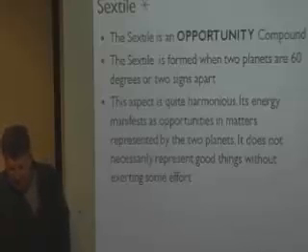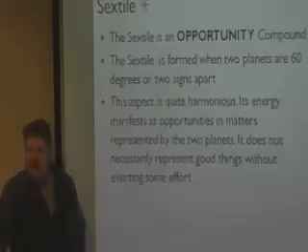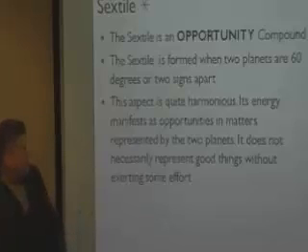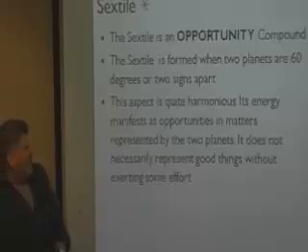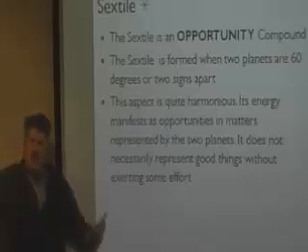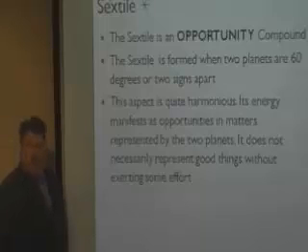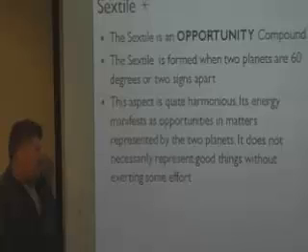But it is, well, we'll call it mid-range. We'll say it's moderately powerful. And what it does, it brings the energies of any two planets together into a harmonious expression. The resultant end to all of that is usually good things taking place.